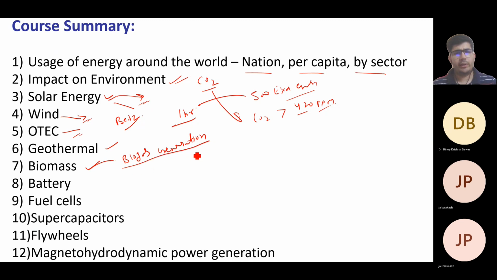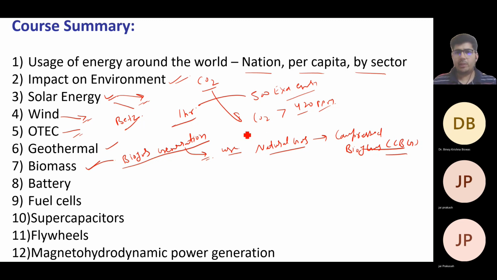So biogas generation is quite useful nowadays because India is trying to replace the use of natural gas with compressed biogas, or you can say CBG. So it is quite important topic.